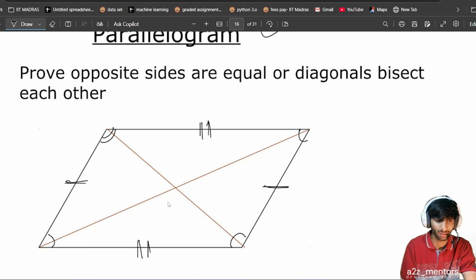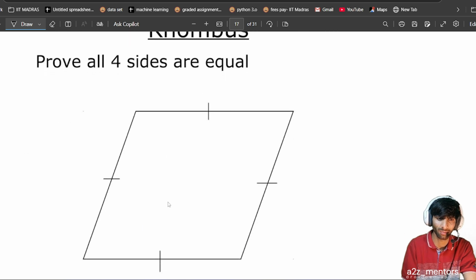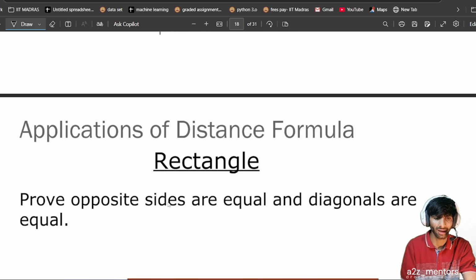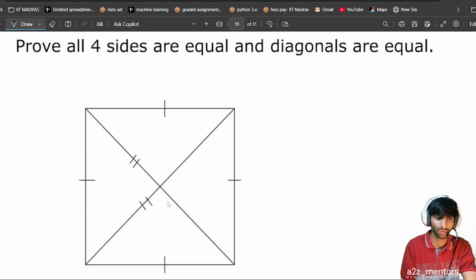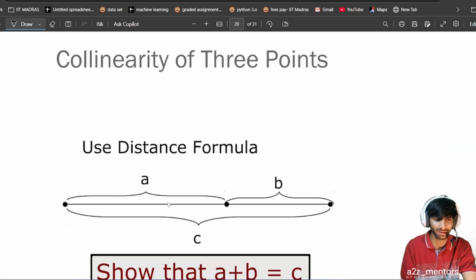So this is the shape of a parallelogram. And a rhombus has all four sides equal. A square also has four sides equal, but here opposite angles are also equal, whereas in the square the angles are 90. So this is a rectangle, you know that, and this is a square, you also know that. These are very basic things.